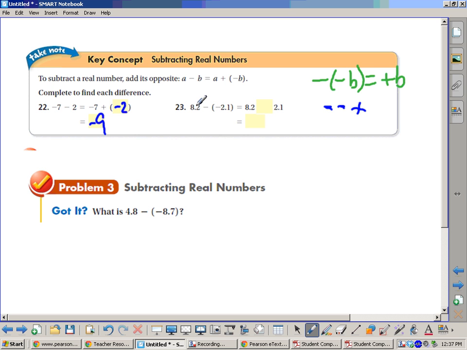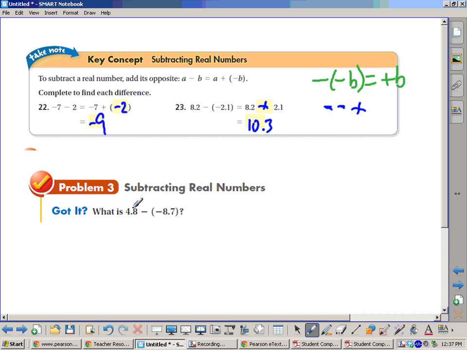Over here, we're taking 8.2 minus -2.1. Minus a negative just changes to plus, so we get 10.3. So really, subtracting is no different than adding. We just have to change the subtraction to plus and negative.